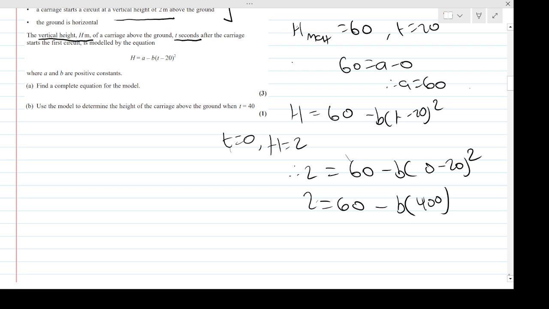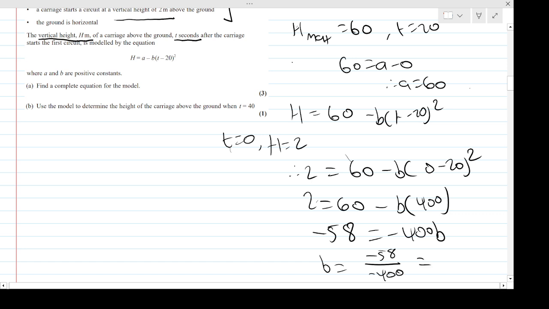Therefore, I'm going to solve for b, so move everything else to the other side. 2 minus 60 is minus 58, which is equal to minus 400b. Then I can just divide by minus 400. So B is minus 58 over minus 400.